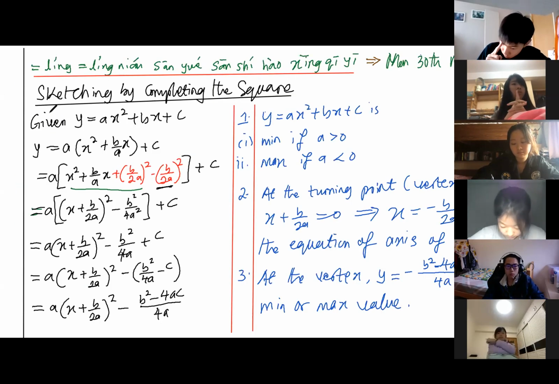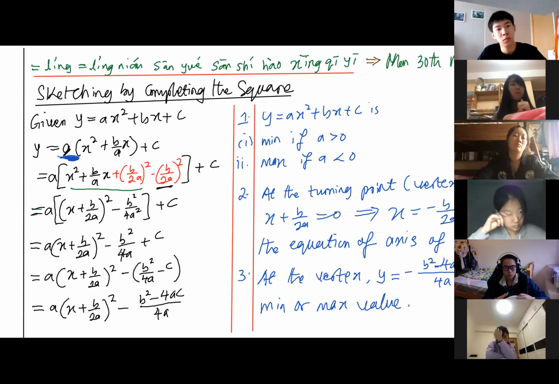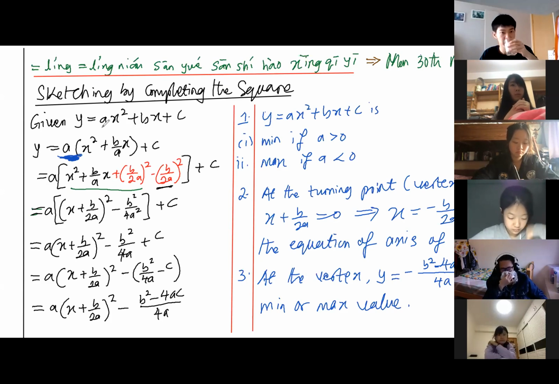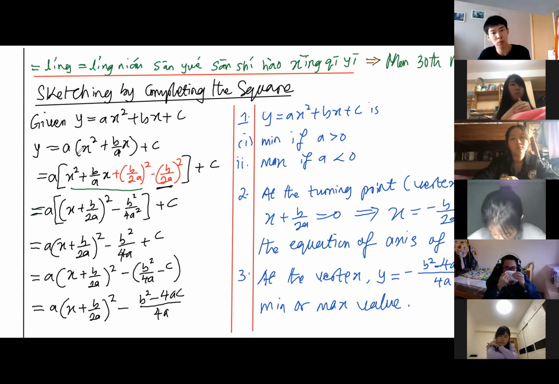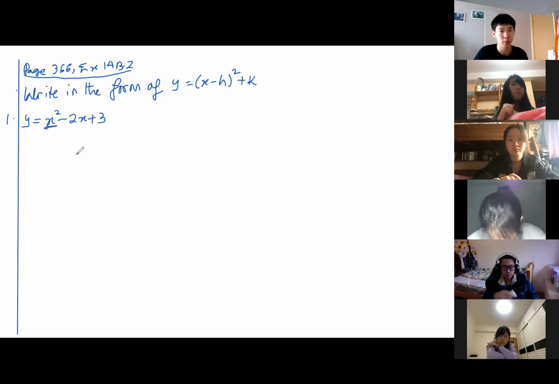I left one page. You don't need to do this. That's the reason we did this. Can you see this, Leo? That's the reason we did this, because a is not assumed to be 1. So this is what we do when a is not 1. But in our case, our a is 1. So we don't have to do anything to that.